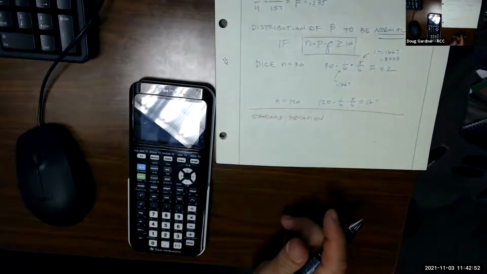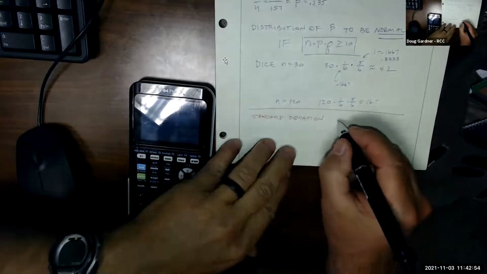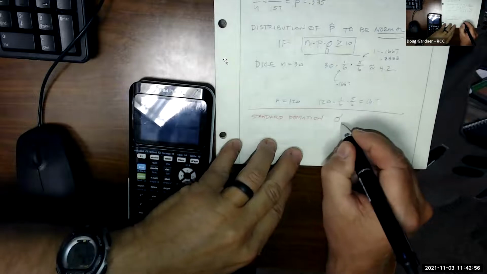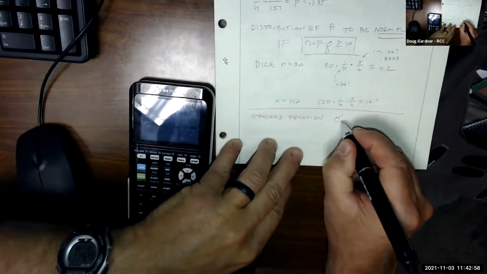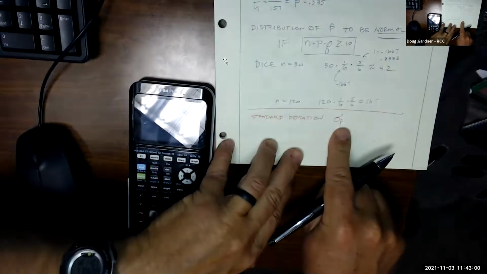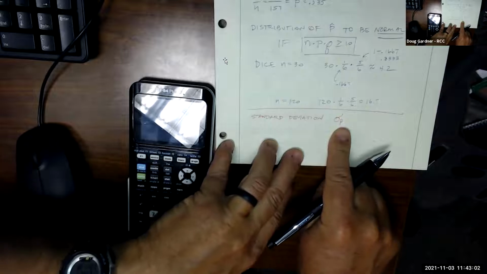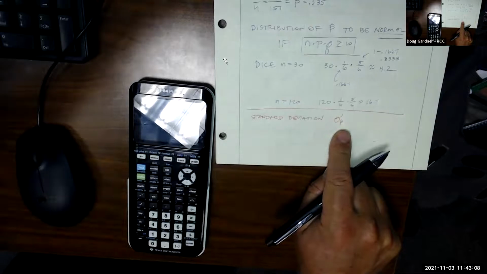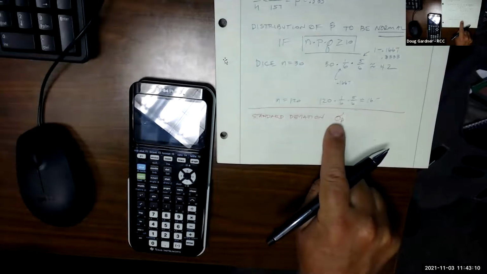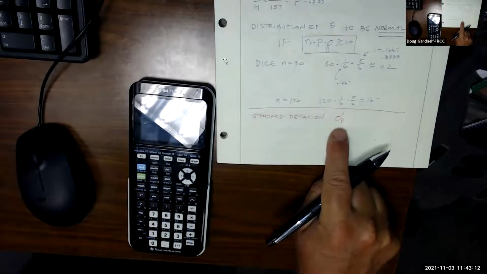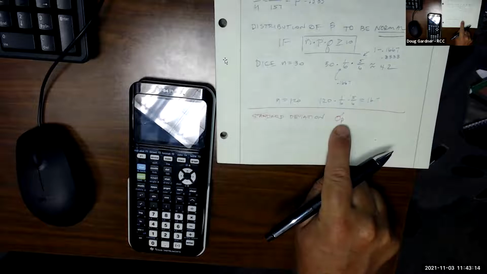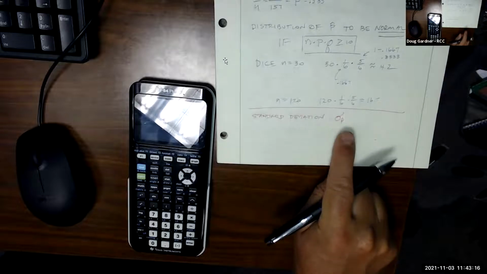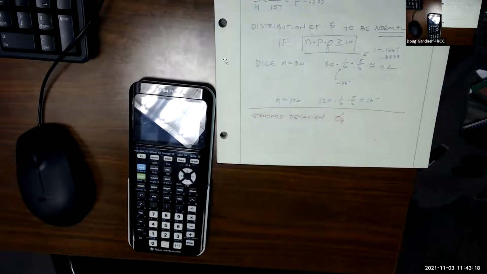Notice your note sheet says that the standard deviation of the distribution, does this weird statement make sense to you? Again, mathematicians love this kind of stuff, but normal people hate it. The distribution of sample proportions, that's what we just looked at. We saw that normal distribution of all these random different sample proportions.